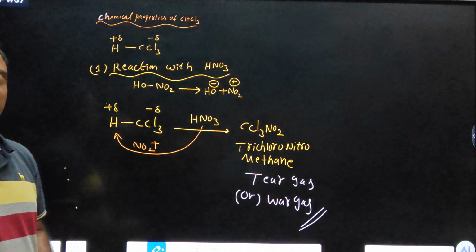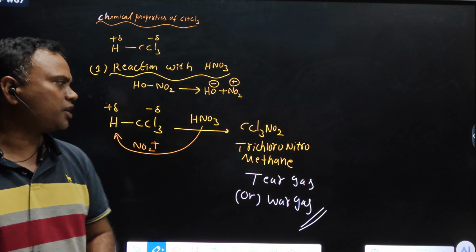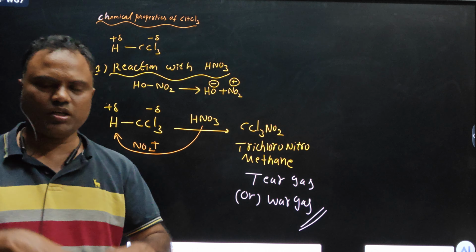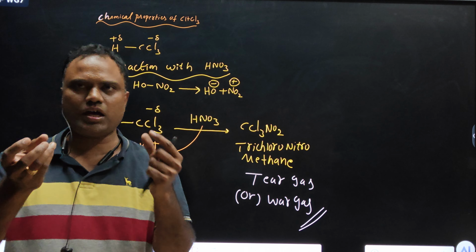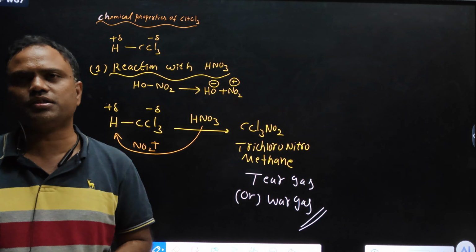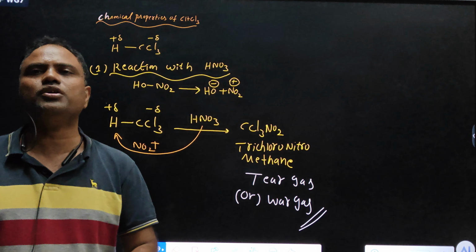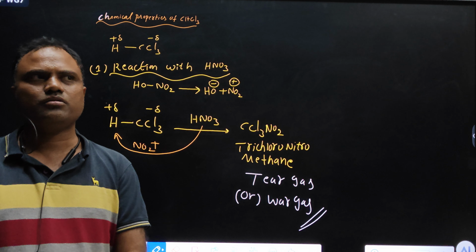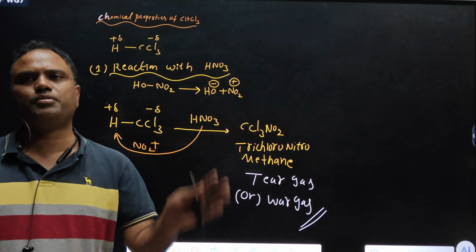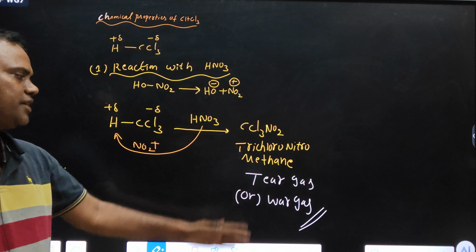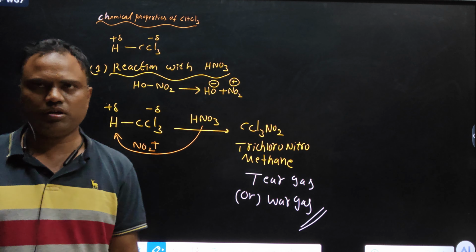Then they throw some balls which contain trichloronitromethane gas. When that gas comes in contact with the eyes, people get irritation, and tears come continuously. With more irritation, people will run away from that area. That's why it is called tear gas or war gas.